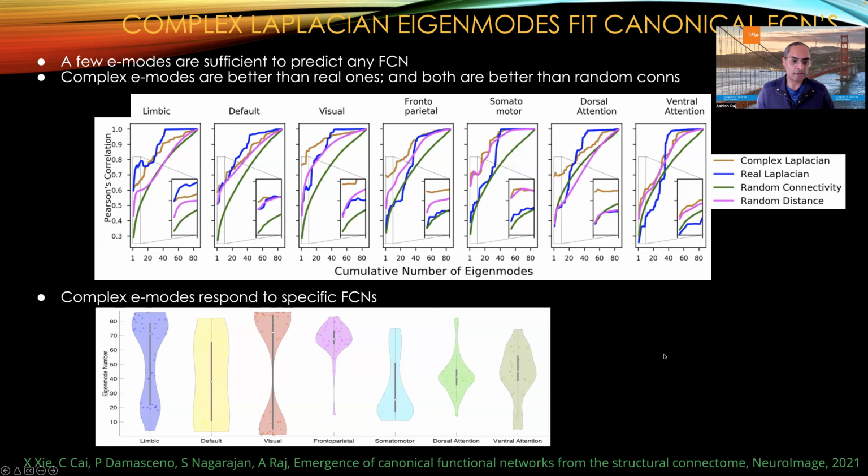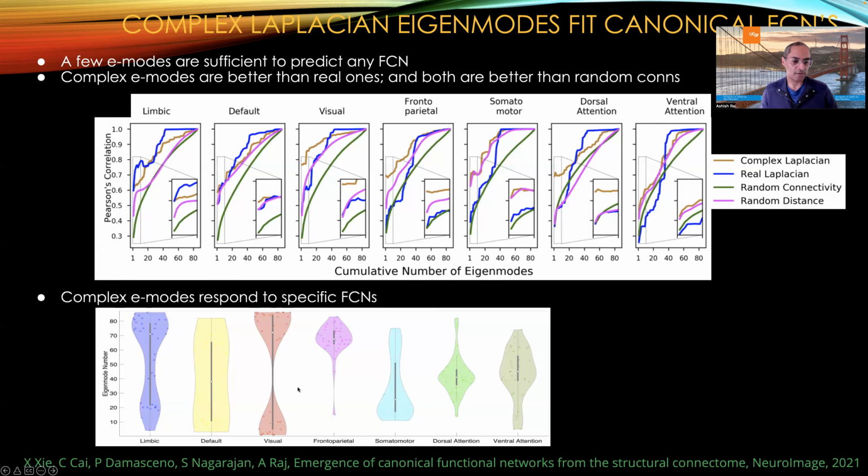One thing I would like to note is that the relationship between the ordering of these eigenmodes and the various canonical networks is not, in fact, very clear. Some people have reported that these low eigenmodes respond to functional networks and small eigenmodes do not. We haven't really quite found that.